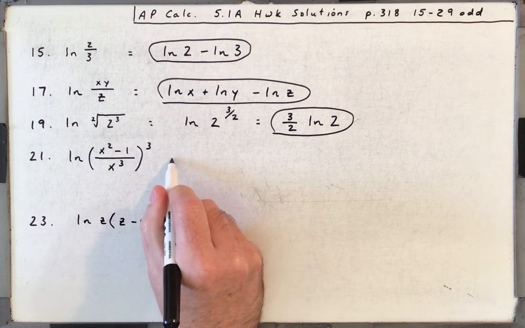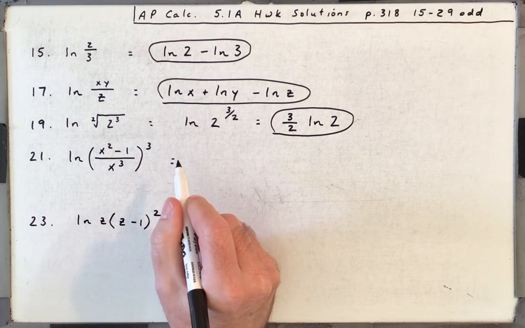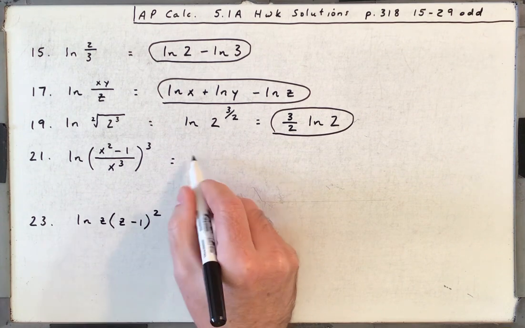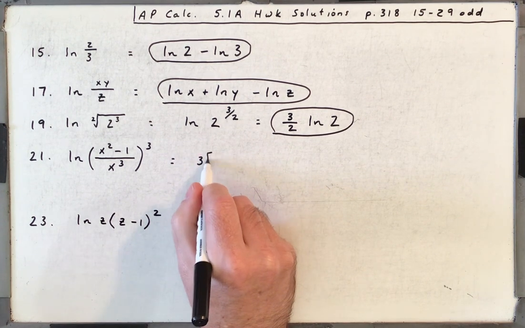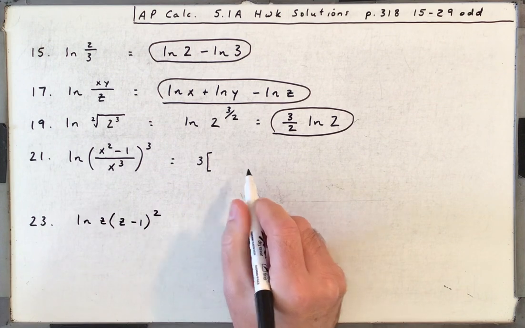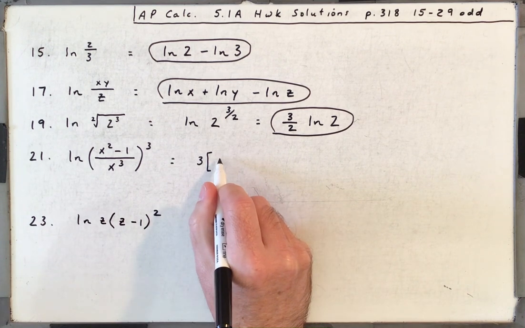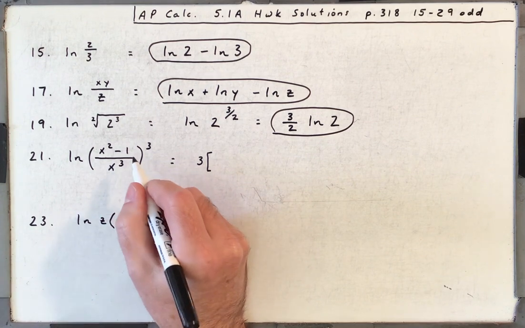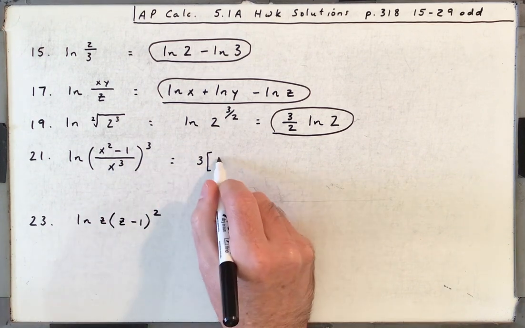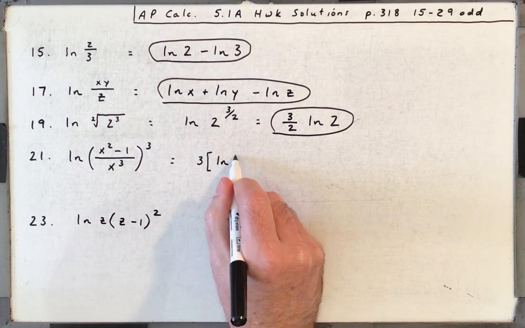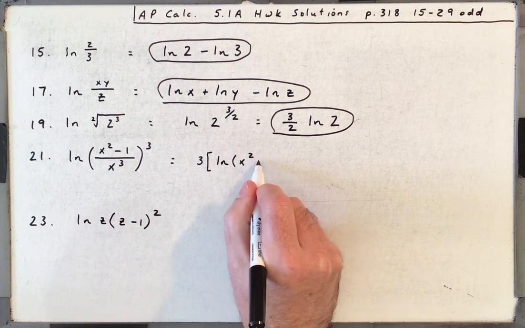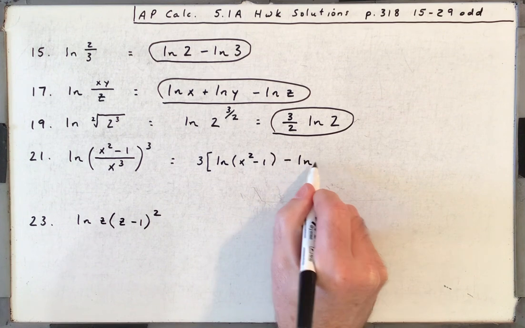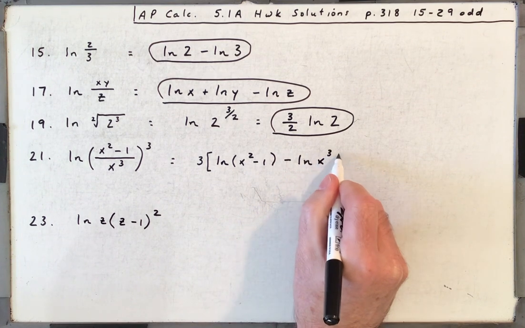Okay, 21 is a little more involved here. So first we're going to bring that 3 out front. So everything, this 3 here, comes out front. And then we would have the natural log. So inside here we have a quotient. So that's times the natural log of x squared minus 1 minus the natural log of x cubed.